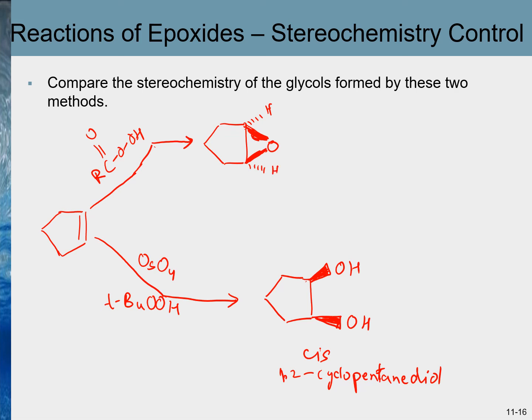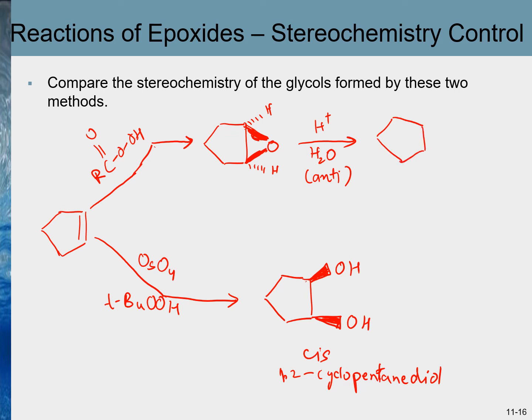The ring opening reaction of this epoxide proceeds by anti-addition or anti-attack by the nucleophile. So therefore, this reaction will result in formation of a trans product.